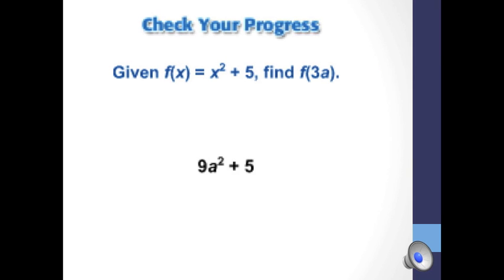Voila! Hopefully you end up with 9a squared plus 5, because 3a times 3a is 9a squared plus 5, and that is your final answer. So input is 3a, output is 9a squared plus 5.